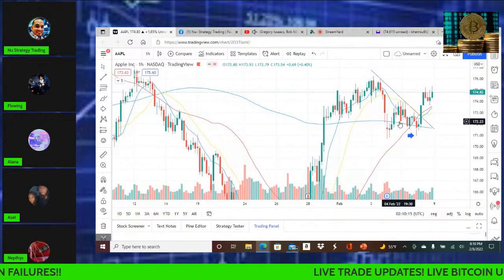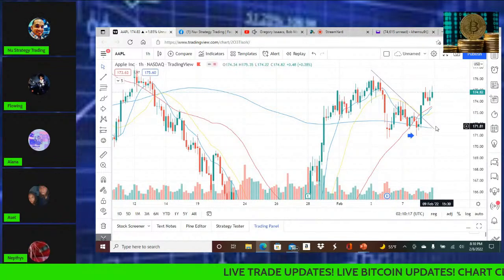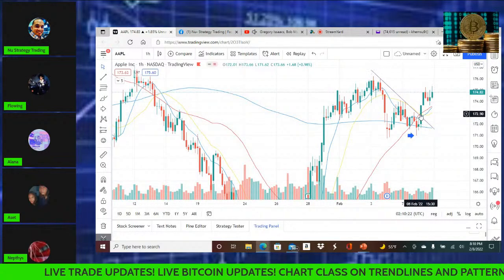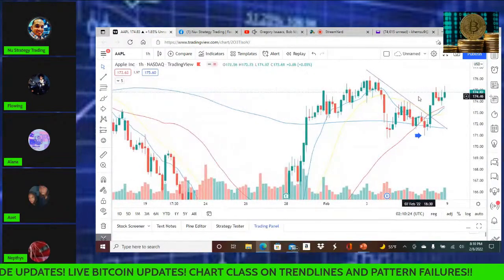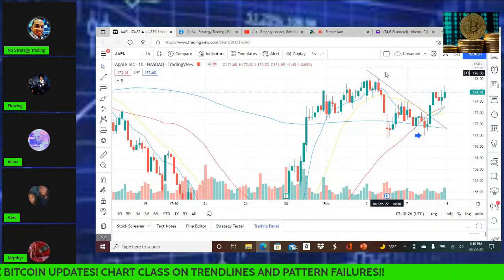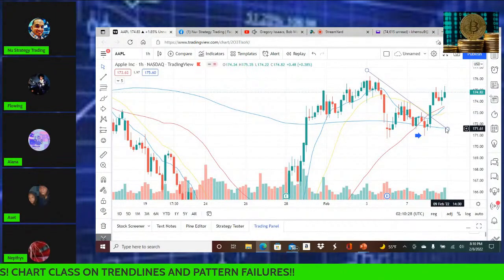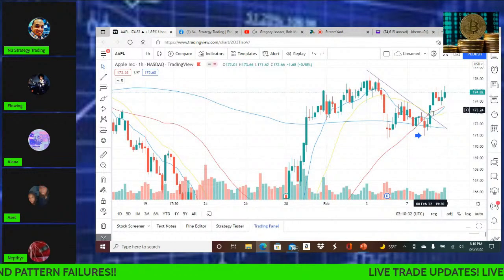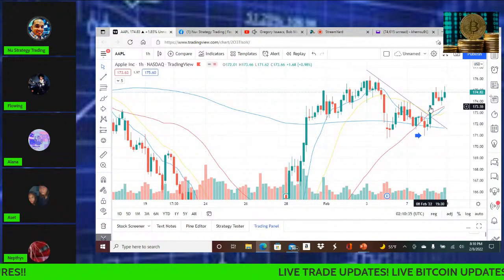Now we just talked about that trend line break on Bitcoin. Do you see anything particular about what's happening here when I drew this trend line? This bar here did the same thing Bitcoin did. It broke above that trend line.